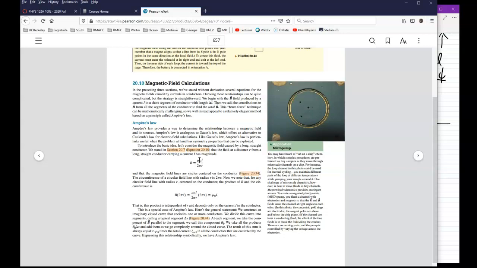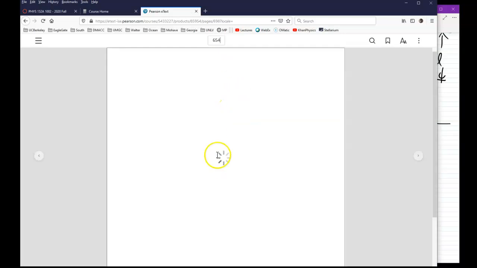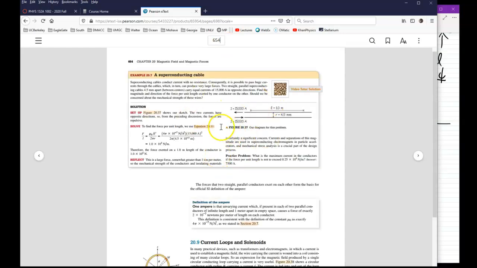Oh, okay. Section 20.8 says force between parallel conductors. That's basically what we have just covered. It's on page 654. There it is right here. Magnify it.